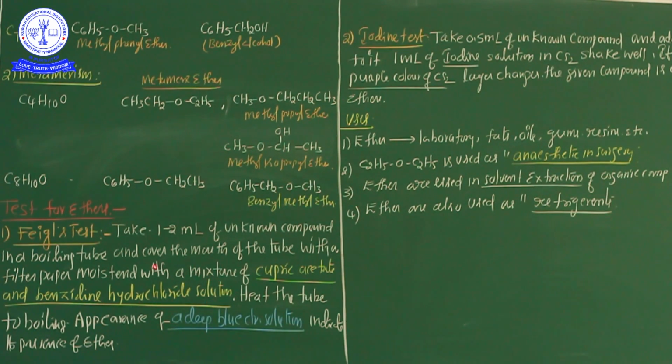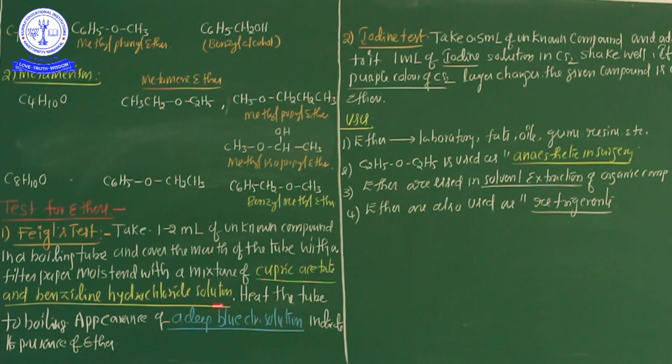So simple: if you take an unknown compound and you don't know whether it is ether or another compound, just take 1 to 2 ml of it and test it with cupric acetate and benzidine hydrochloride.